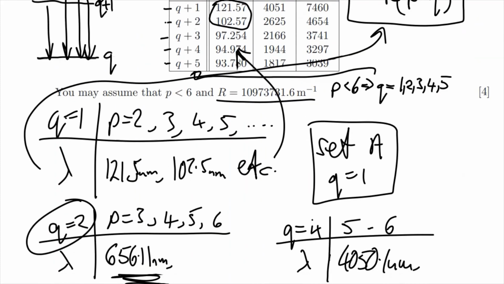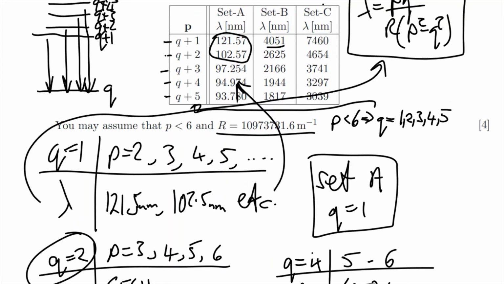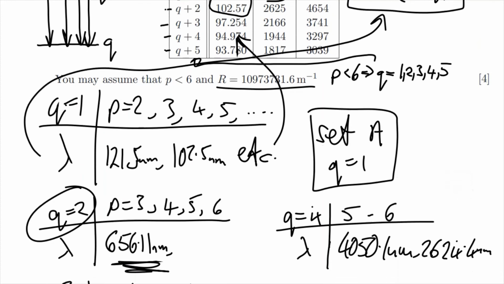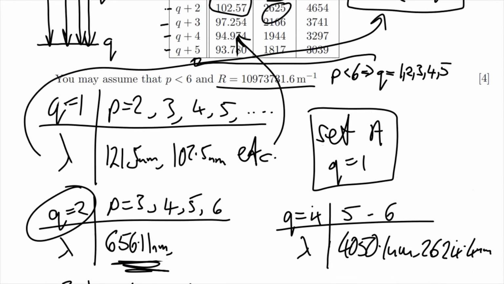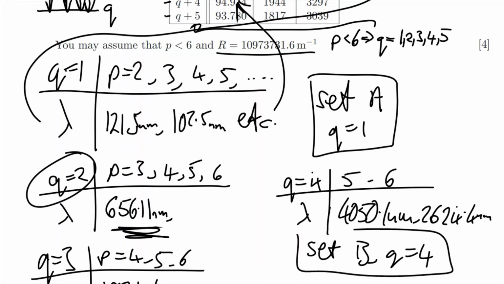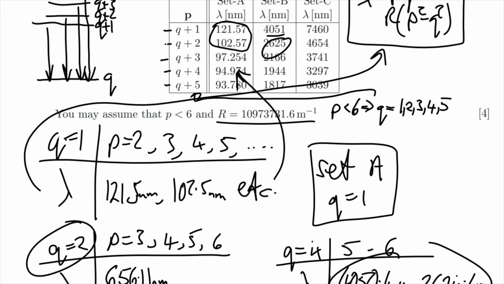Is that in the table? Looks pretty close to this one. Next, what about P equals 6, Q equals 4? We get 2624.4 nanometers, apologies. Again, that looks extremely similar to this one here. So I will say that set B is Q equals 4, because to reasonable error, these numbers that we've calculated here are these numbers here.